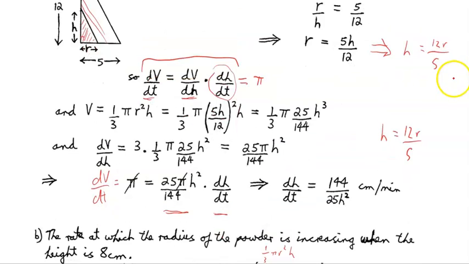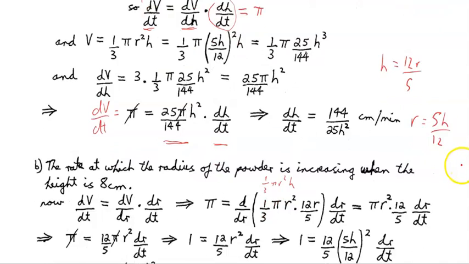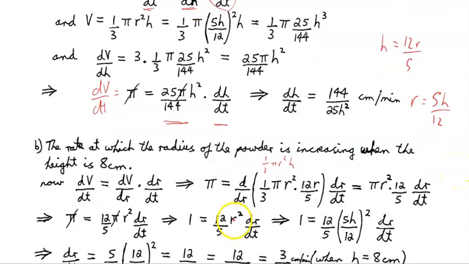So r is 5h on 12, that's better. And so where the r squared is, we can place that, so we get 1 equals 12 on 5 times (5h on 12) squared times dr/dt.